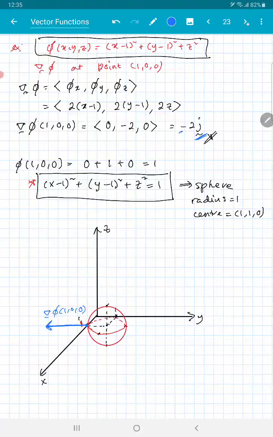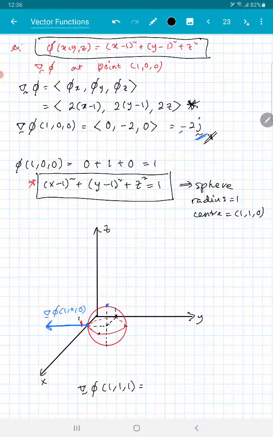If you look at this level surface, at a point on top of the surface the normal vector would be pointing upwards. Let's calculate that. This point is (1, 1, 1). At (1, 1, 1), the gradient of phi is found by replacing x with 1, y with 1, and z with 1 in the gradient of phi.